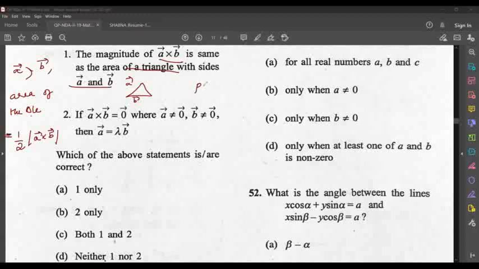For a parallelogram, the area is the magnitude of A cross B, but for a triangle it is half.